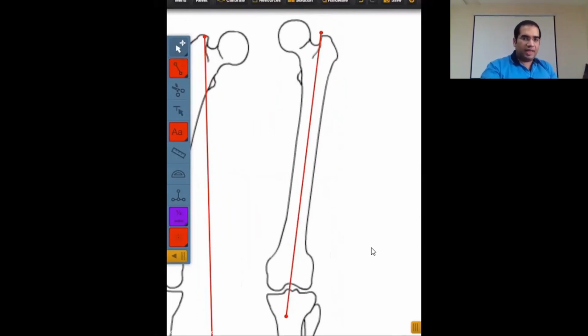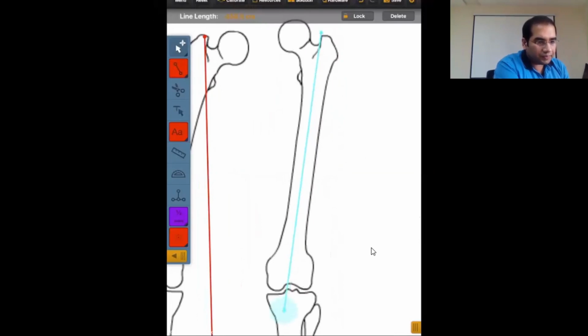But this is not the case with the anatomical axis. The mid-diaphyseal line does not cross the center of the knee joint. It is slightly medial.